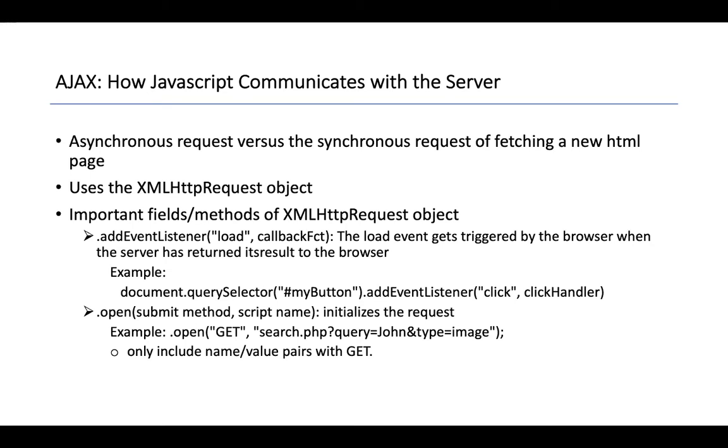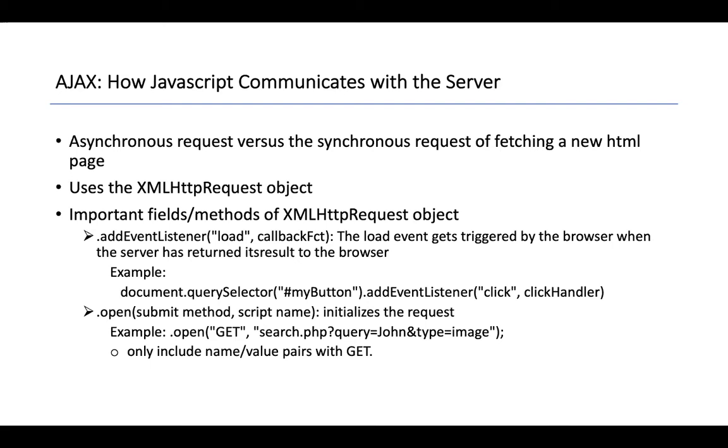So as I went through last time, AJAX allows you to submit asynchronous requests to the server. What that means is that the user can continue to interact with the web page while the server is munching on the request. Whereas if you make a synchronous request, such as what happens when you click on a link, then you cannot interact with the browser content while that new content is loading.